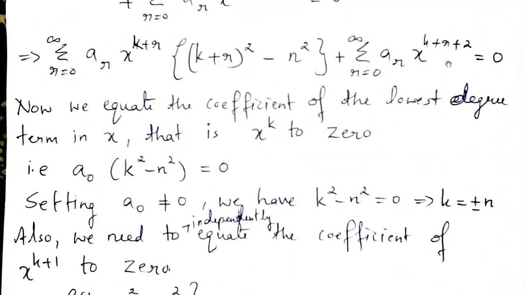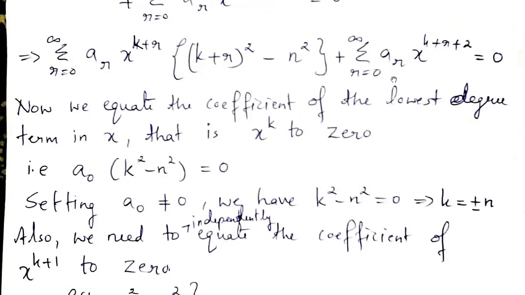Take this particular equation. What is the coefficient of x power k plus r from this equation? In the first term, you can directly get the coefficient of x power k plus r, that will be ar into (k plus r) whole square minus n square. Whereas in the second term, what I have is x power k plus r plus 2. But if you want to get the coefficient of x power k plus r, then this plus 2 here is an extra term. So for which value of r will I get x power k plus r here?